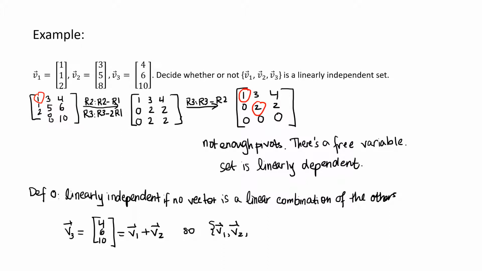That is, it's not linearly independent. If you happen to notice one of these conditions, a linear dependence in this way, it can be faster than going through and doing a row reduction of a matrix.